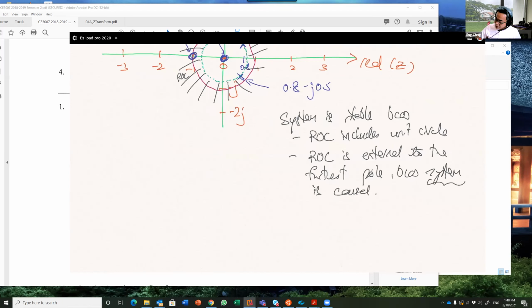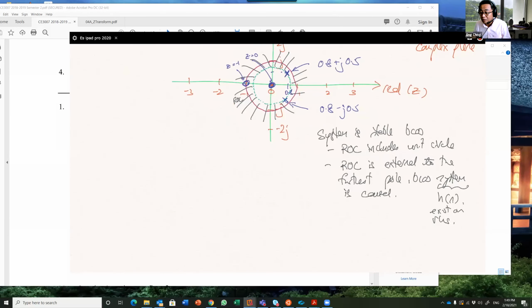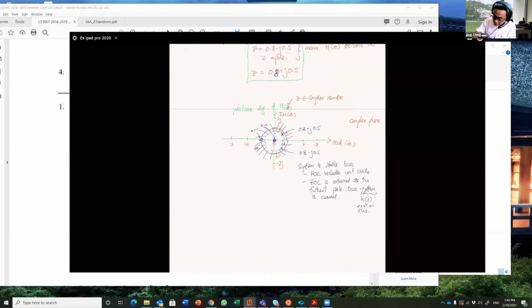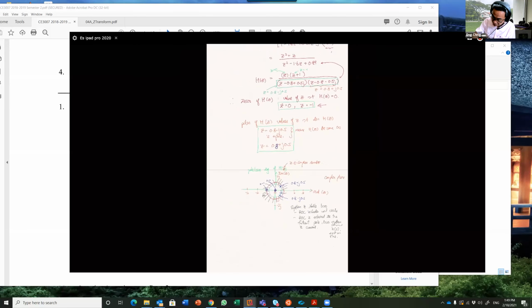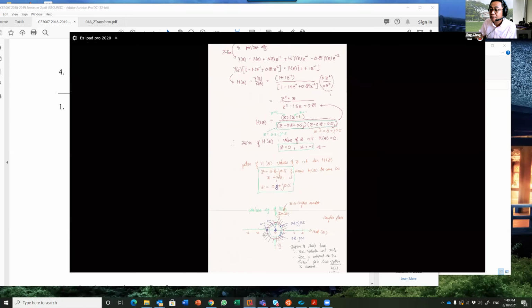Here the word causal is because the impulse response exists on the right hand side. So you have to figure out all this in the lecture notes of stability. So you see, that's it. Within one small page, you can get the 6 marks done.